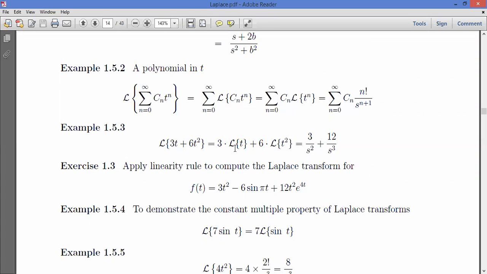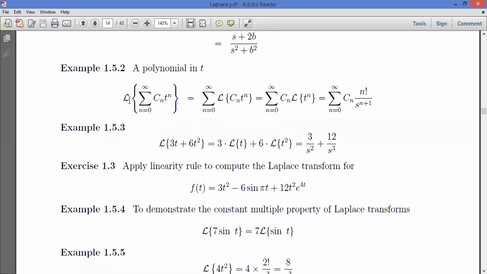Here, same story. You have the Laplace of a series here, which is the sum of c_n t to the n, but we all know what t to the n is. So since it is c_n t to the n, we are saying if you have a series, the Laplace can go inside the series.